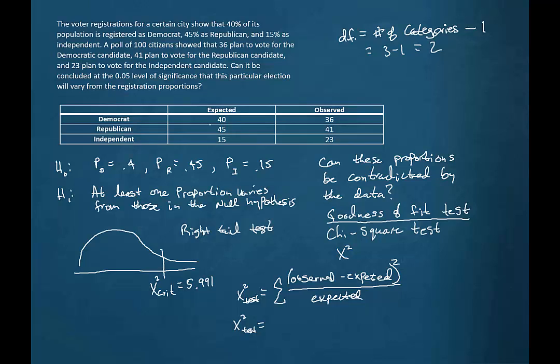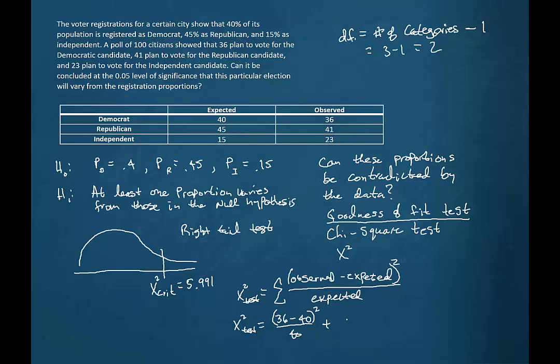Now, our test value we're going to get by doing, okay, let's see, we've got some expected values and some observed values. So we have our observed value here in the first case is 36 minus the expected value, 40. And then we're going to divide that by the expected value, 40, and we square what's in the top. Plus, and now we'll do that again for the next category here.